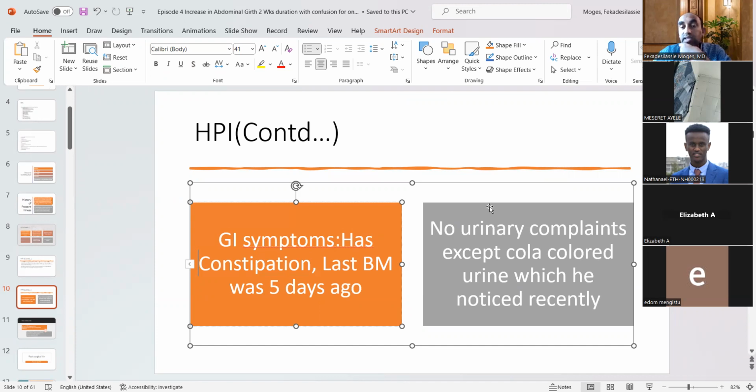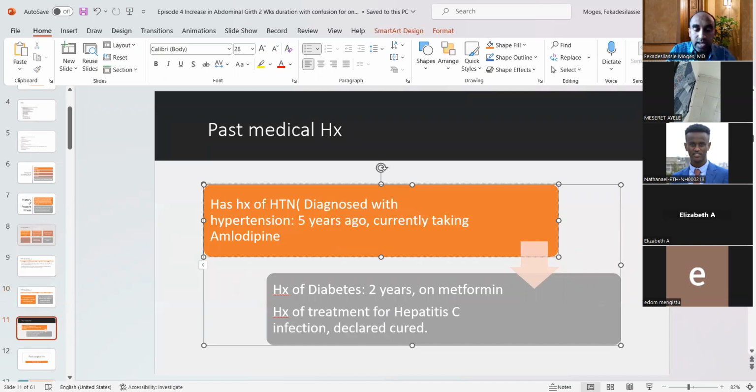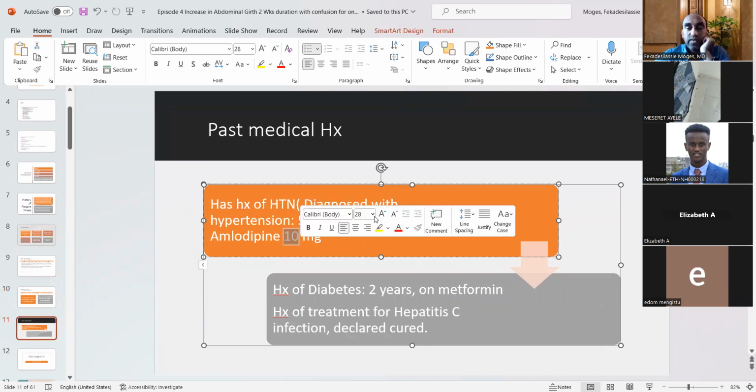No urinary complaints except colored urine, which he noticed recently. Okay. Past medical history: has history of hypertension, diagnosed 5 years ago, currently taking amlodipine 10 milligram. History of diabetes for 2 years on metformin, history of treatment for hepatitis C infection, declared cured, okay?